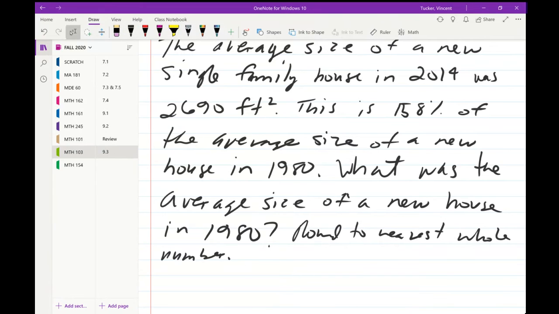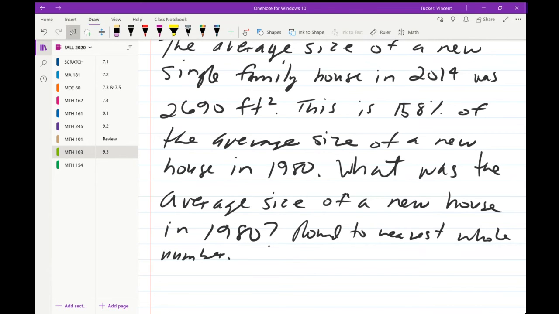All right, so it says the average size of a new single family house in 2014 was 2,690 square feet. This is 158% of the average size of a new house in 1980. What was the average size of a new house in 1980?